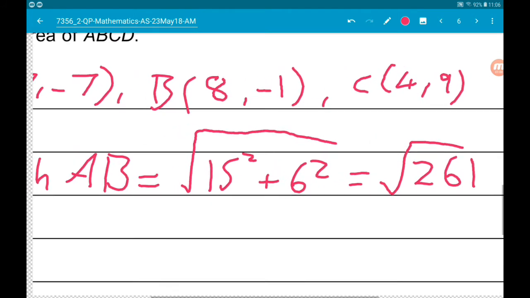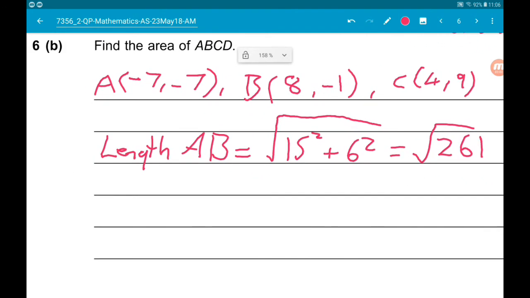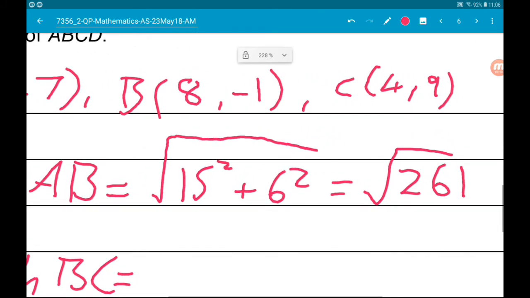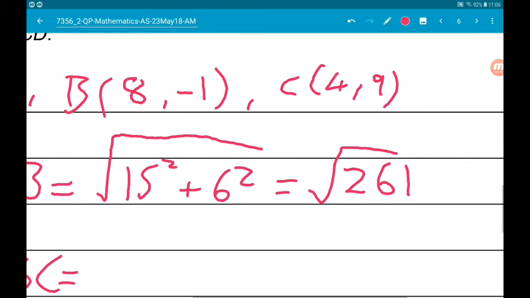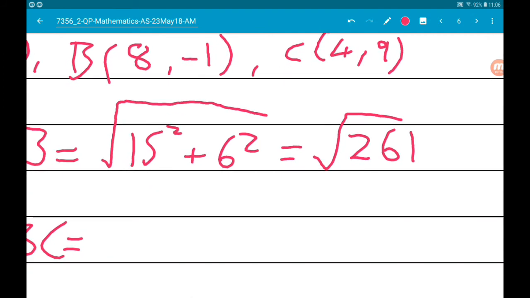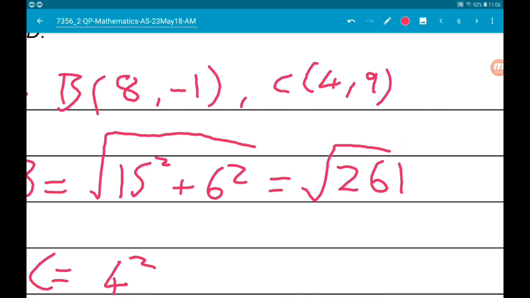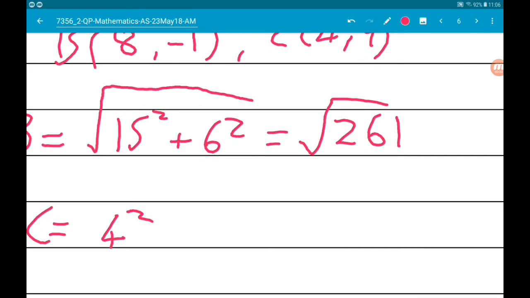And then we're going to do the same for the length BC. So between the x coordinates, we have a length of 4. So we're going to do 4 squared. And then the height between -1 and 9 is 10. So it's 4 squared and 10 squared.